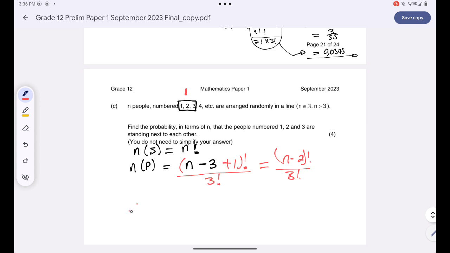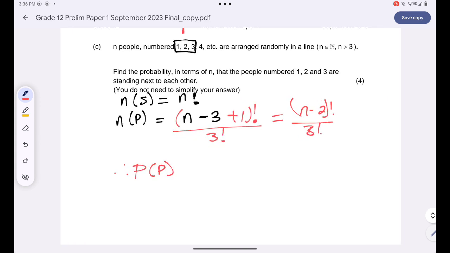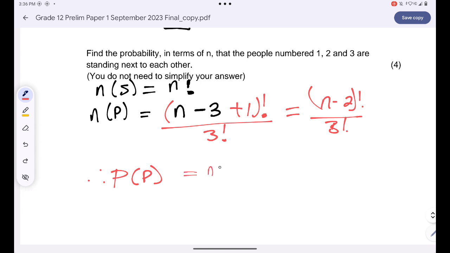Né? And therefore, the probability of this possible event taking place is equal to the total number of possible outcomes divided by the total number in the sample space. That's n minus 2 factorial all over 3 factorial divided by n factorial.